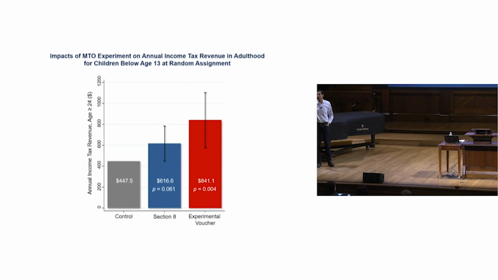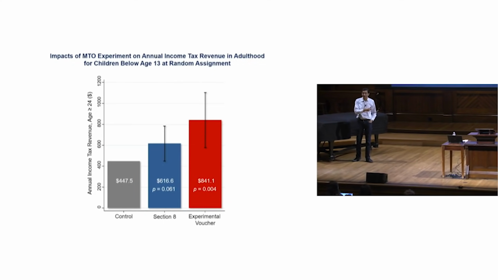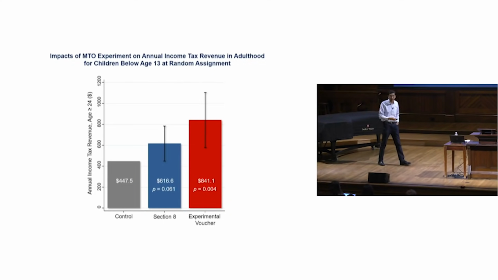And that number is only going to grow over time as these kids start to earn more and more later on in their lives. And so if you think about adding that up over their lifetimes, that's going to add up to something on the order of a $10,000 or $20,000 increase in income tax revenue per child who got the experimental voucher instead of staying in the high poverty public housing project.